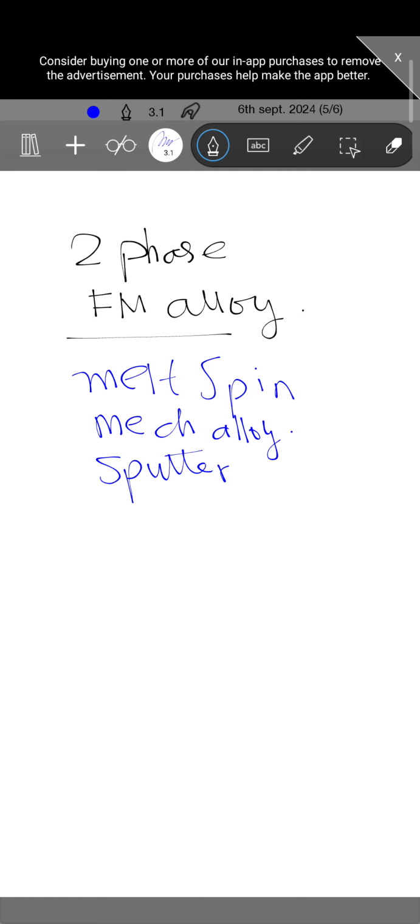Now, magnets made up of nanocrystalline materials like yttrium, samarium, and cobalt possess unusual magnetic properties due to their extremely large surface area. We know that in a nanocrystalline material, the surface to volume ratio increases.